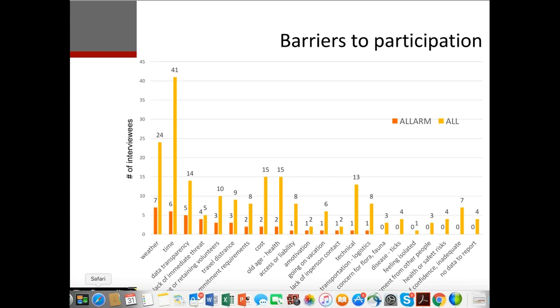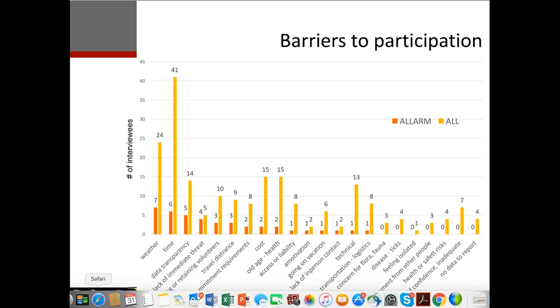When it comes to barriers to participation, for all projects, it was time, and we kind of figured that. For ALLARM, weather was one of the biggest barriers to participation, which again makes sense. You guys are out there in the middle of winter sometimes, in bad weather, in streams up to your waist, so it's not a surprise.